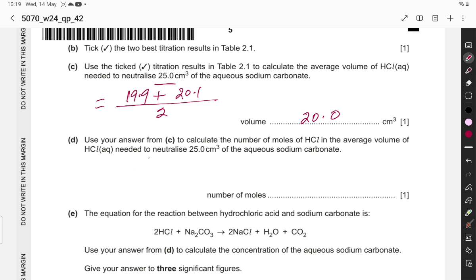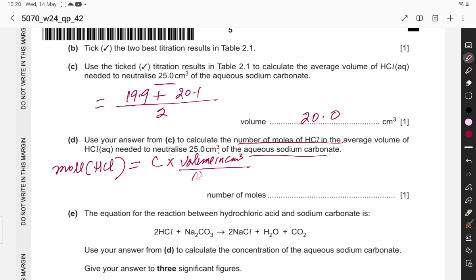Use your answer to calculate the number of moles of HCl in the average volume of HCl needed to neutralize 25 cm³ of aqueous sodium carbonate. The number of moles of HCl is equal to concentration times volume in cm³ divided by 1000.